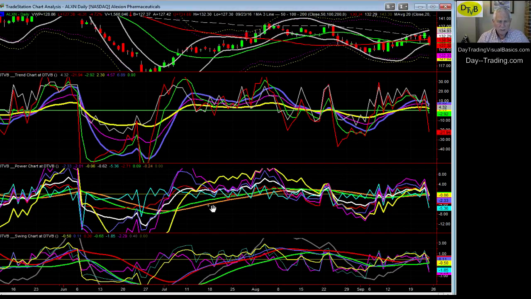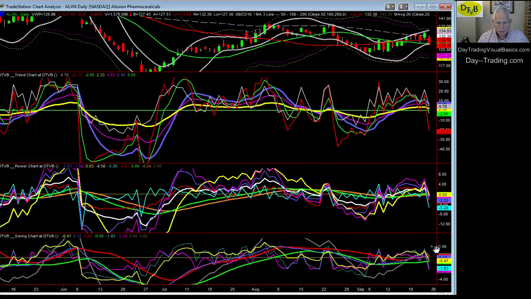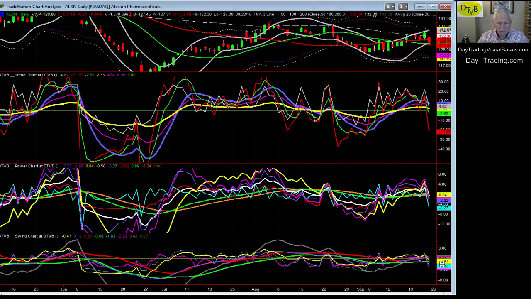Along with that, you can see the green and orange as they cycle through a cycle turn, I should say. And then same is true with your price red, your swing red and green.